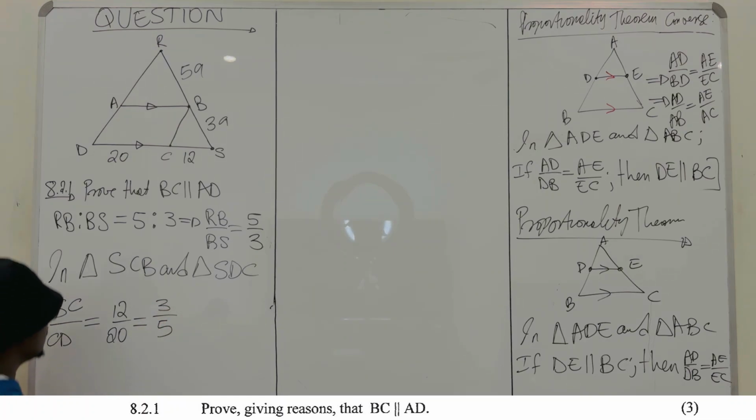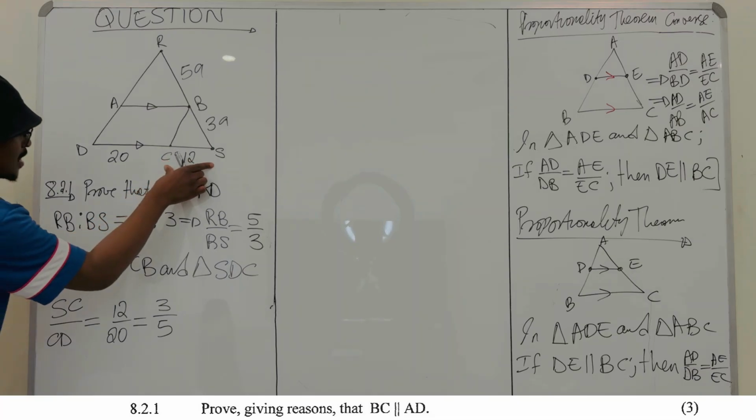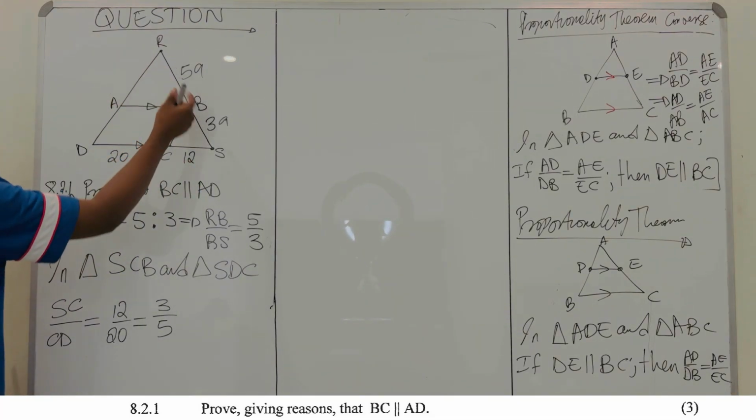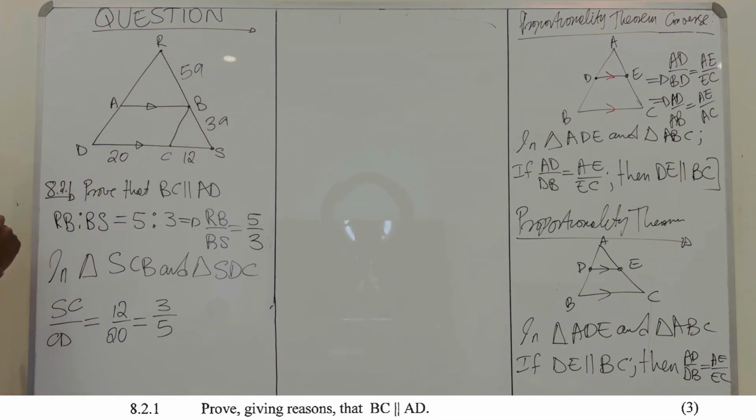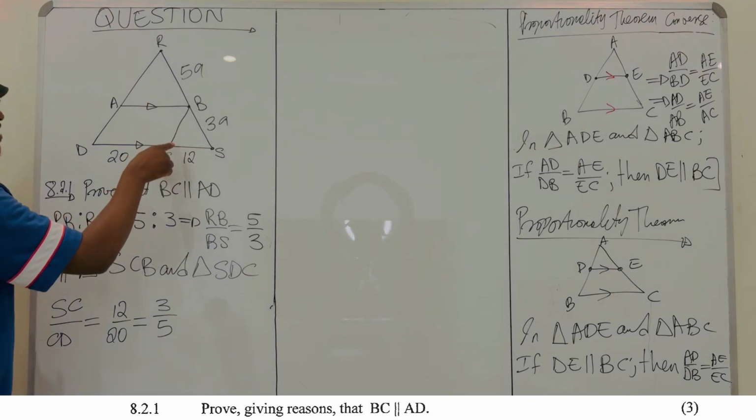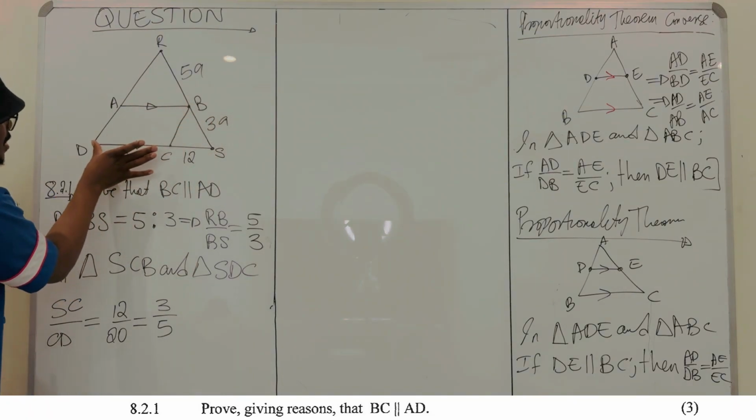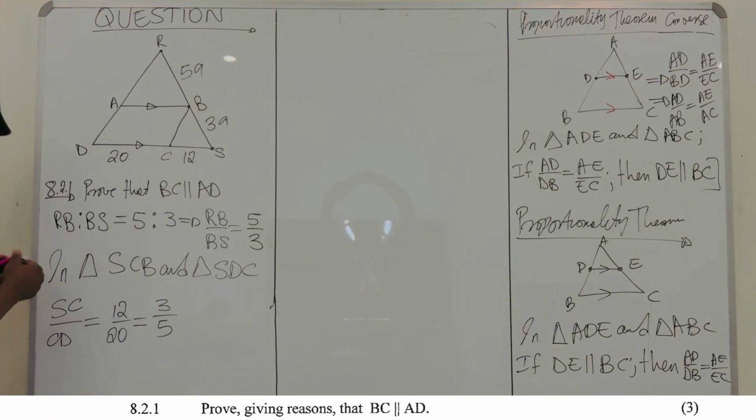Right? No problem. So you said this part over this part, which on the other side will be this part over that part, because this side corresponds to that, this side corresponds to that. So in that case, let's go and find SB over BR. SB is equal to 3A and BR is equal to 5A. So this is equal to 3 over 5.